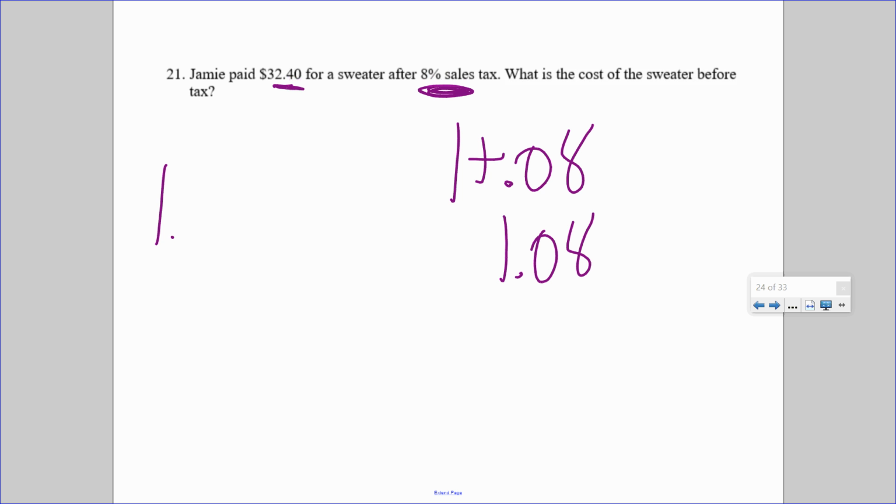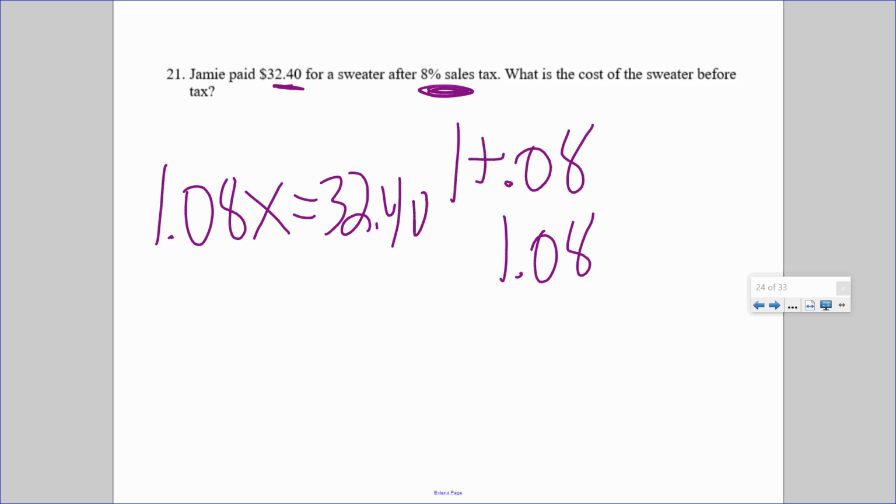So 1.08 times the original cost is going to equal the cost after tax. If I multiply the original cost by 1.08, that will give me my final cost.